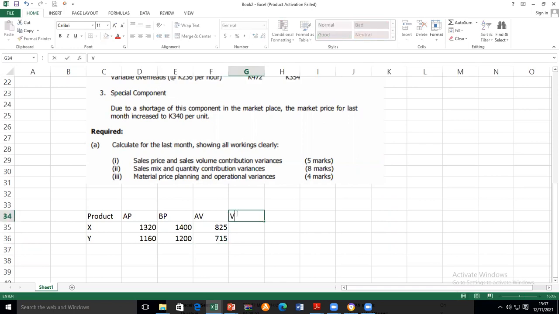So the variance now. We take that one and multiply by that one.